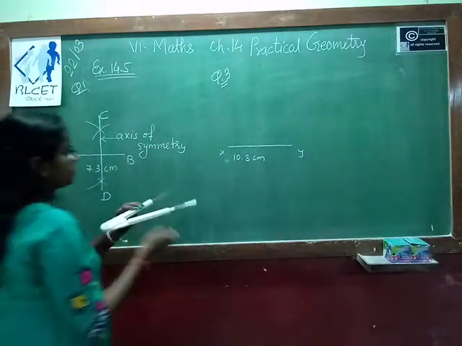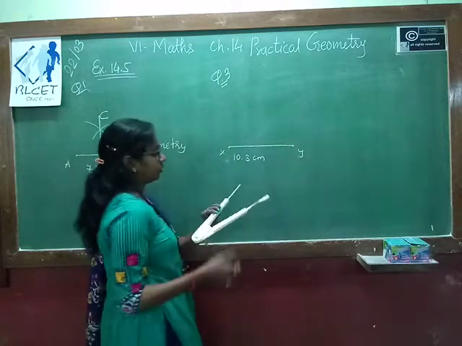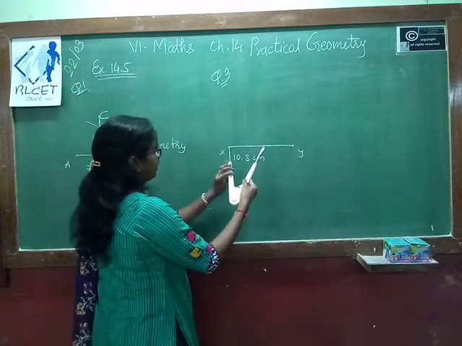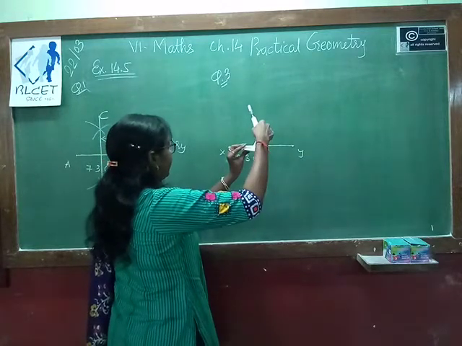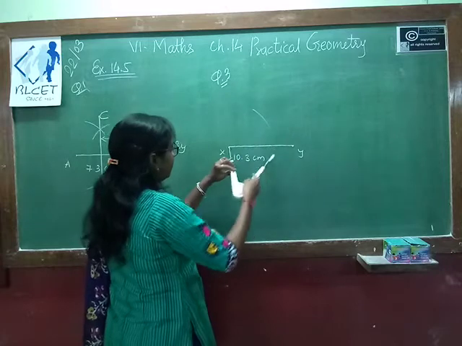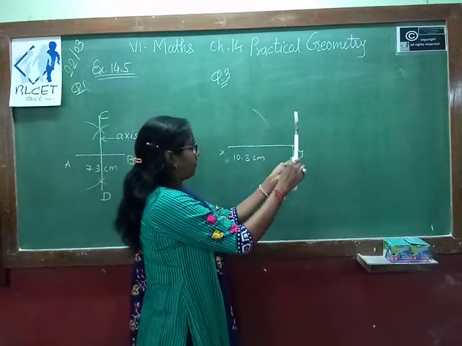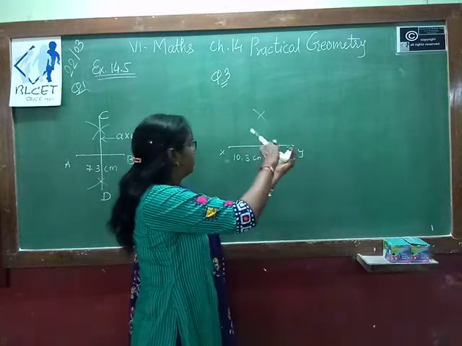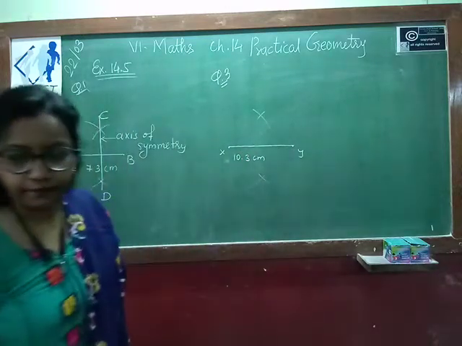Now we have to draw the perpendicular bisector. Take radius more than half, draw an arc above and below. Same we draw from Y, above and below. So what happened?